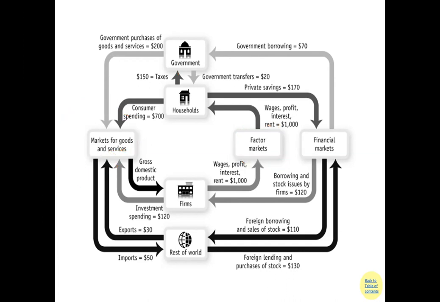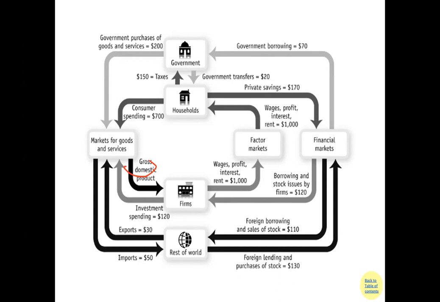What else? It also includes the I, right? By the way, here C is 700. The I is 120, right? And then the next one is G, government spending. Government spending is 200.